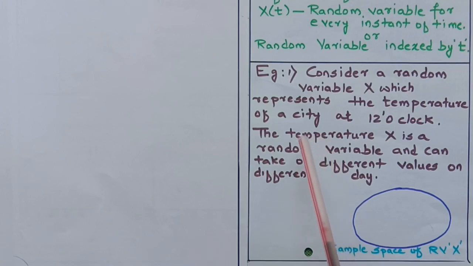The temperature x is a random variable and it can take on different values on different days, right? In order to get the complete idea about this random variable x, we will have to record values of x at 12 o'clock over many days.